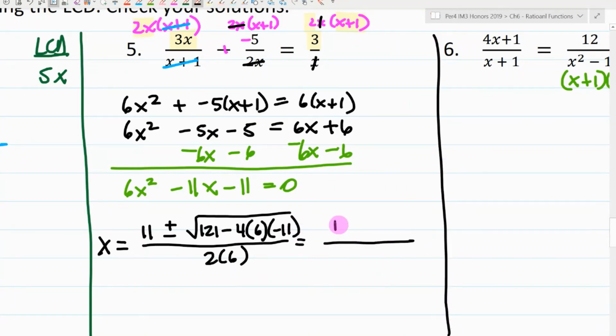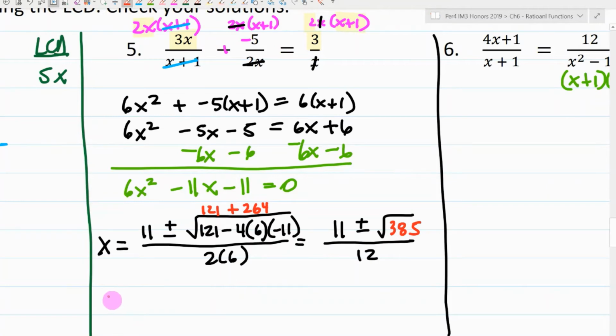Well, 3 numbers, so 11 plus or minus. And then this part right here is 121. And then that's going to be 24 times 11. If you multiply anything by 11, if this is 24, you separate them and then add it together. So this is going to be 264. So if I add those together, that's going to be 385.